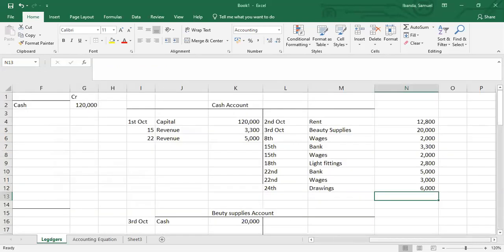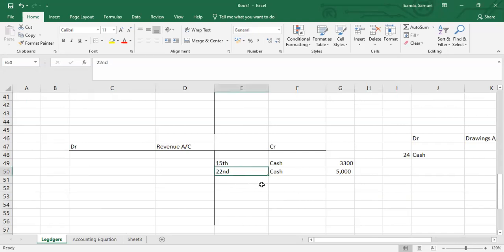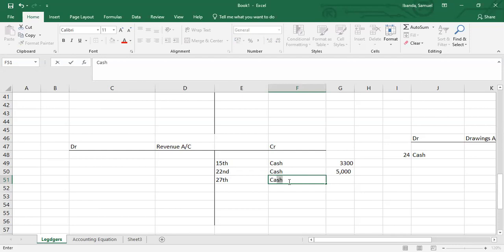Shall just come to our ledgers here. Remember, our revenue, and this date is 27th.